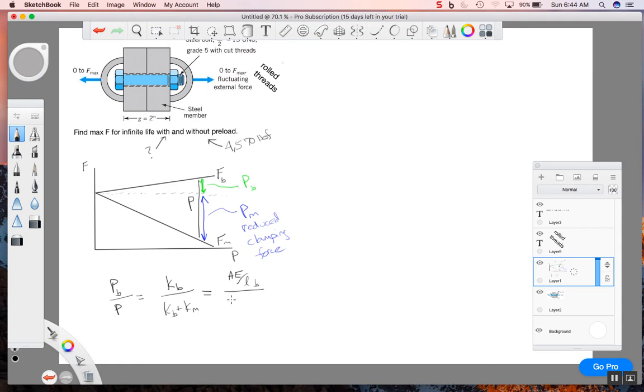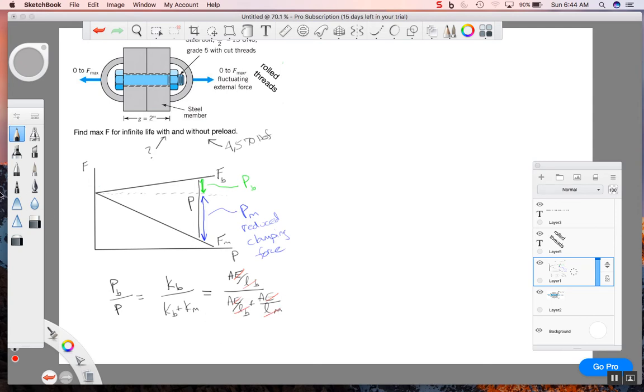And then it's AE over L for the bolt, plus AE over L for the members, right? Well, if we look at this, the effective length of the bolt is the same as the members, so it seems like we can cancel a bunch of stuff out there. And it's all steel, so I can cancel all that stuff out. The lengths I'll cancel out.